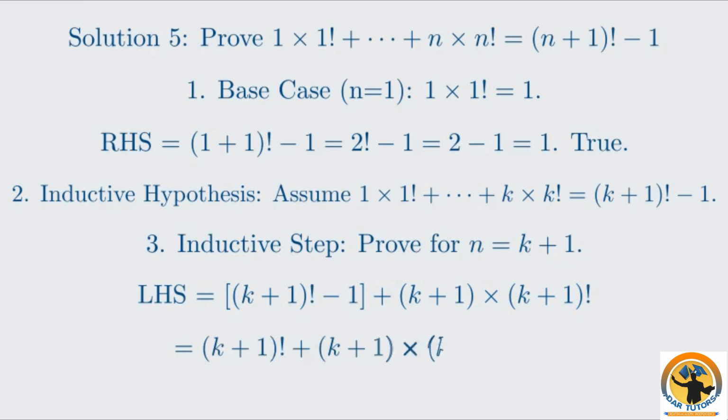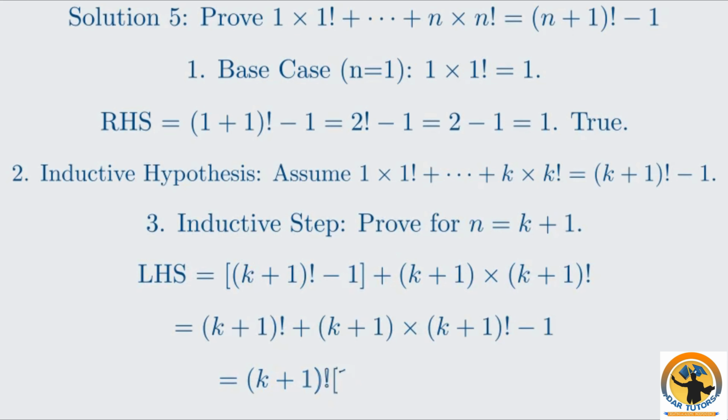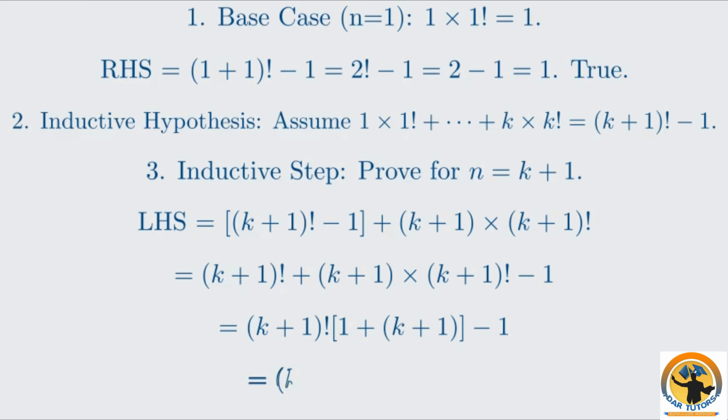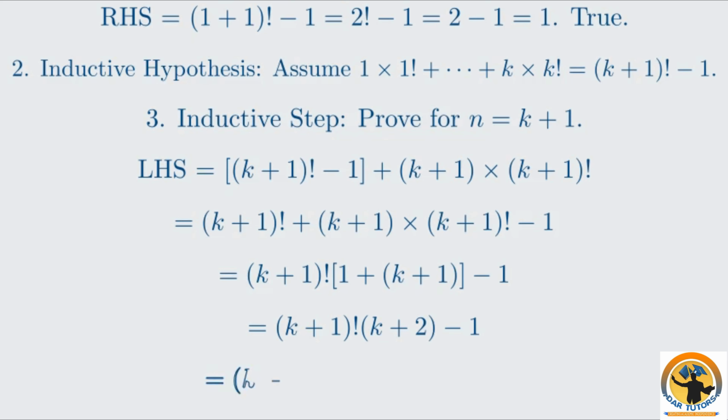We factor out (k+1) factorial, leaving k plus 1. This simplifies to (k+2) times (k+1) factorial, which is (k+2) factorial. So we have (k+2) factorial minus 1, which is the formula for k plus 1.